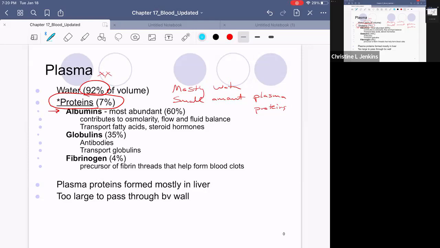One of the primary functions of albumin would be fluid balance. You don't need to know the exact percentage of albumins, but I would like you to know that the albumins are the most abundant. So out of all of the plasma proteins, there are the most albumins. And they play a role in fluid balance.